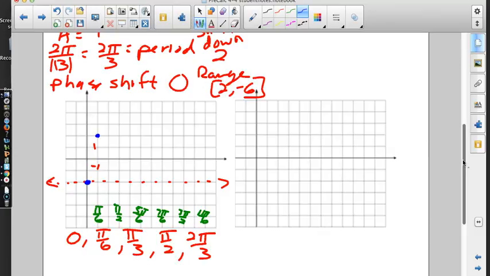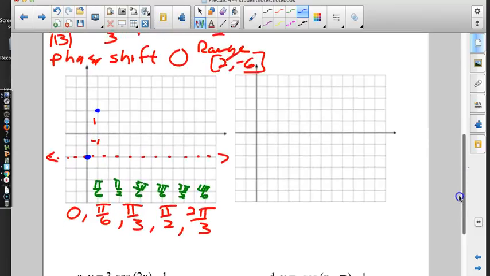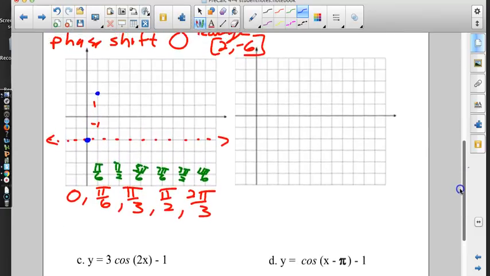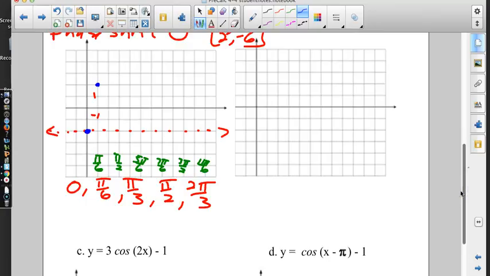And then our next one was pi over 3. Just trying to see these a little bit better. And that would have been 3 pi over 6. Our next one was pi over 2. And again, think, okay, now I've got to go down 4 from the axis.